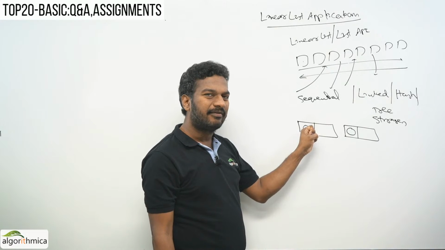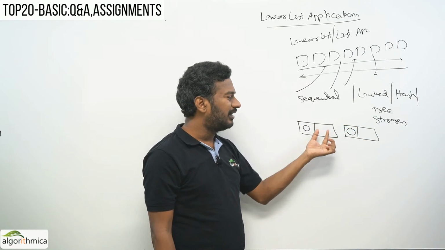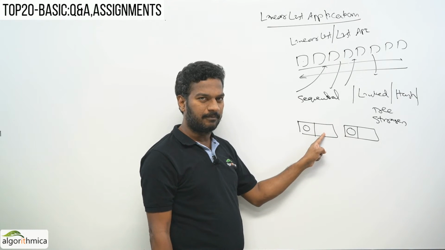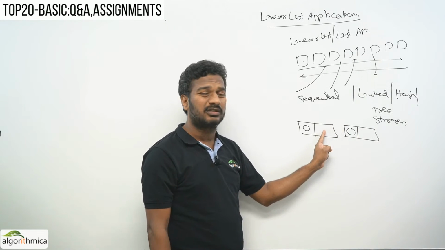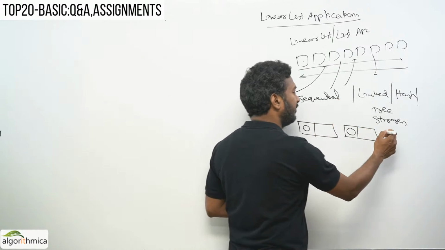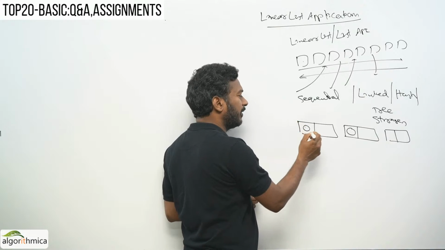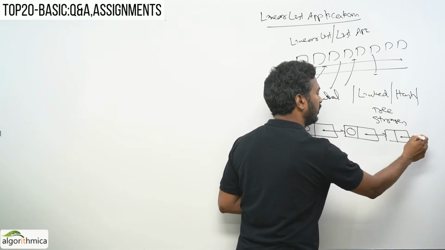If you don't have a link, then we do not know what is the next element in relative order. That's why the whole point of the link here is, I want to maintain the relative order. This is what we are using. In a doubly linked storage, one more link is also available, which points to the previous node. So that's ideally the difference here. Now the next element again here. And if you want, you can keep a dummy node too. That's what ideally, logically, we show in this fashion.